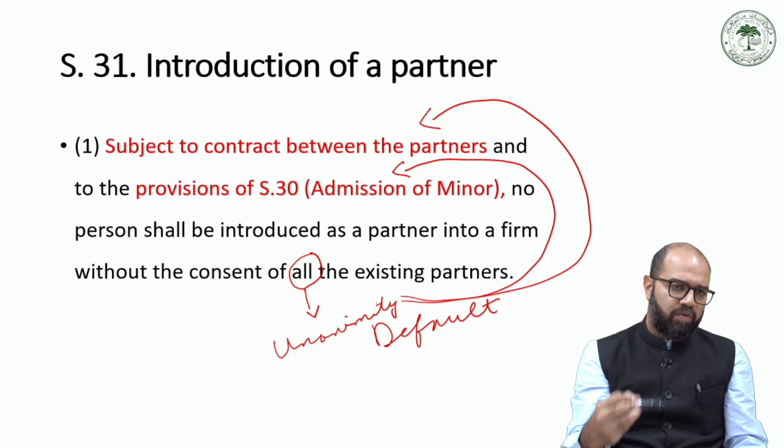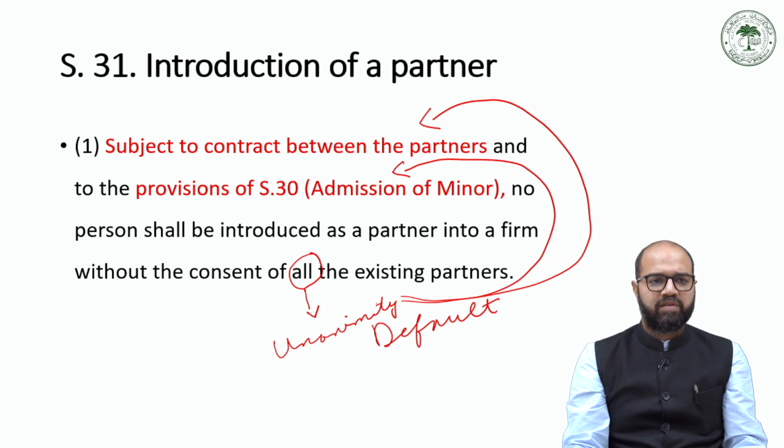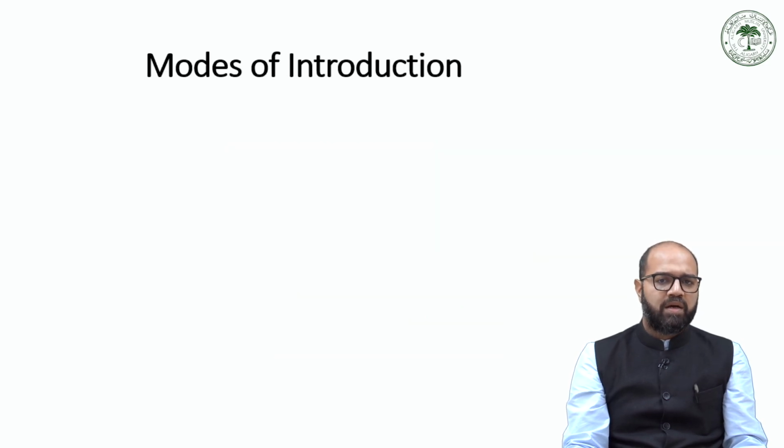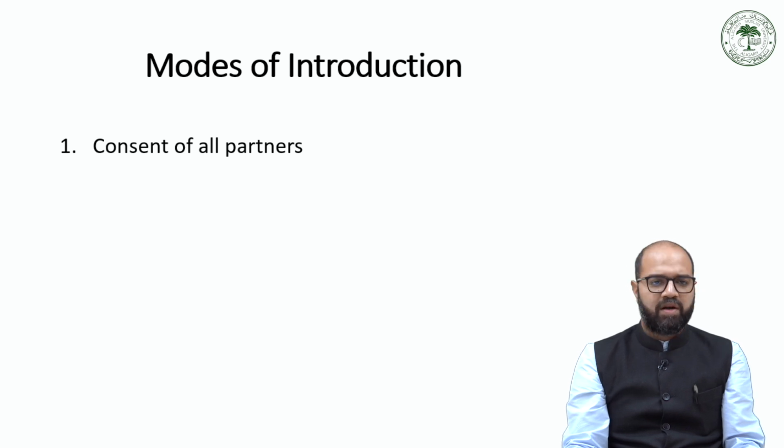If we have to break down this Section 31, then the modes of introduction could be classified under the following heads. Firstly, a partner may be introduced in the partnership firm with the consent of all partners as the default rule.